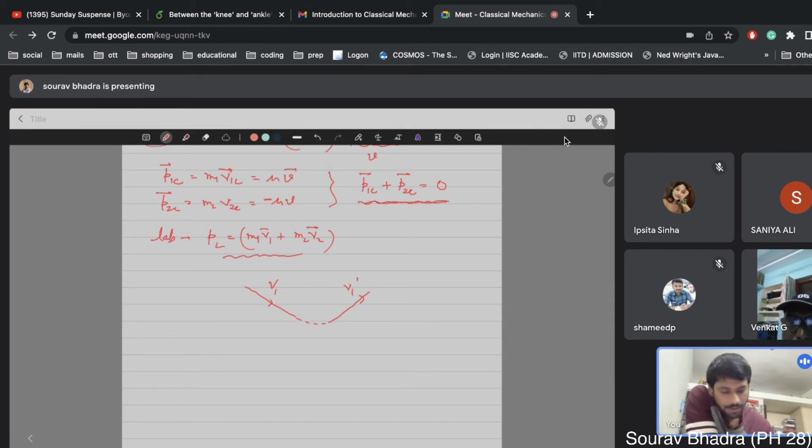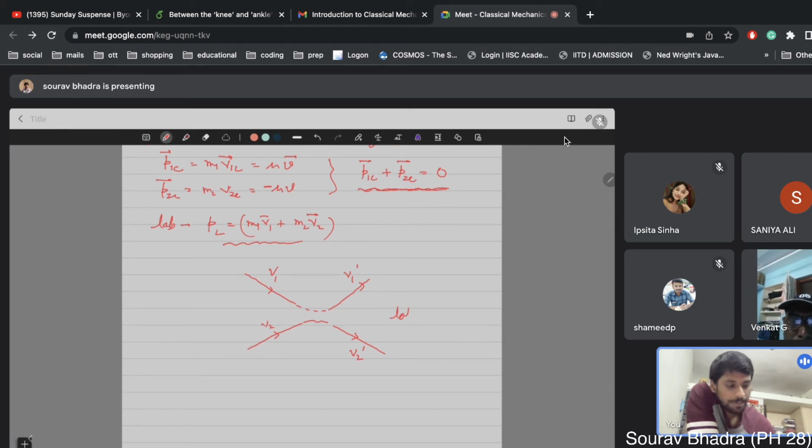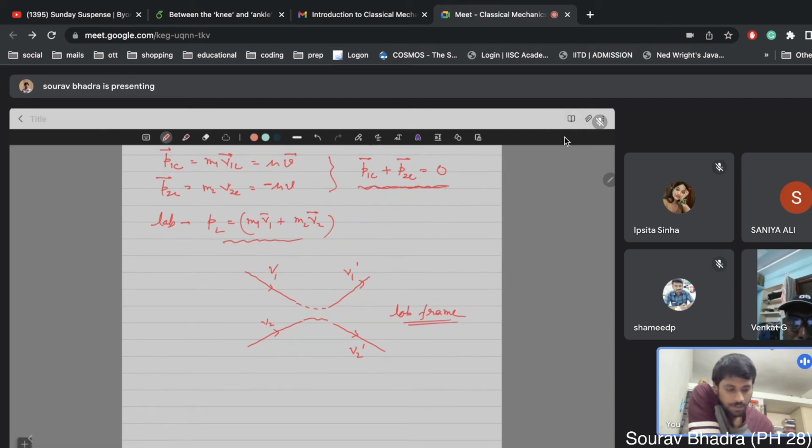And another mass with velocity v2 will go as v2 dashed. So v1, v2 are the initial and v1 dashed, v2 dashed are the final velocities. So it is in the lab frame.